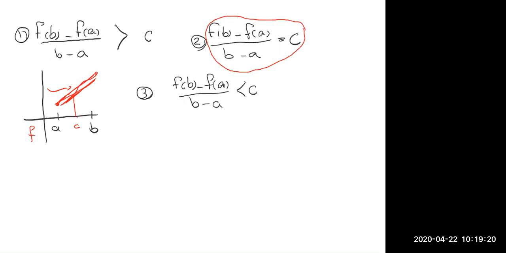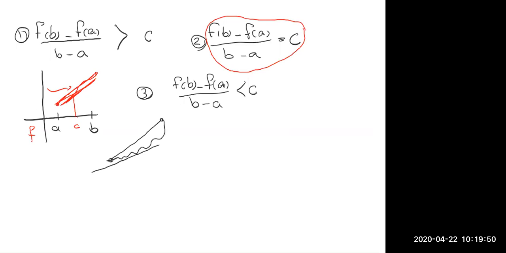When f of b minus f of a over b minus a is greater than C, the function is kind of like this. This is the graph of the function which connects these two, and C is a point where the tangent looks like this. It has the lesser slope. We have these three cases.